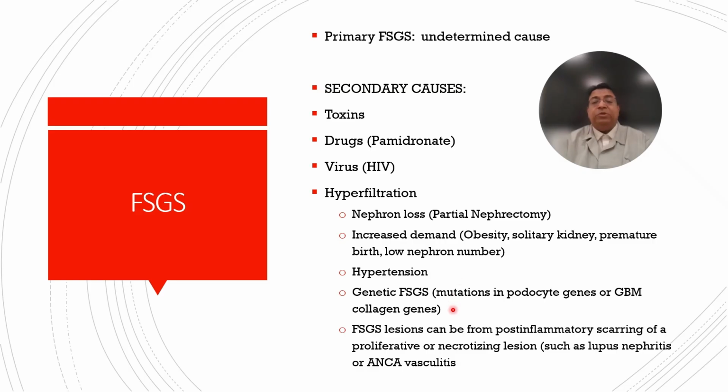And then genetic FSGS is due to mutations in podocyte genes or glomerular basement membrane collagen genes. FSGS lesions can be from post-inflammatory scarring of a proliferative or necrotizing lesion, such as lupus nephritis or ANCA vasculitis.